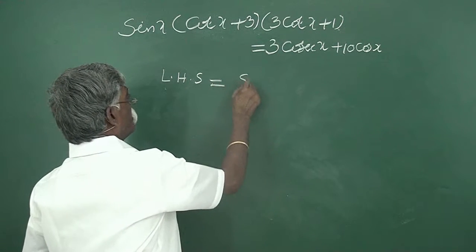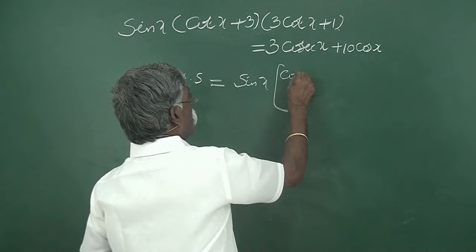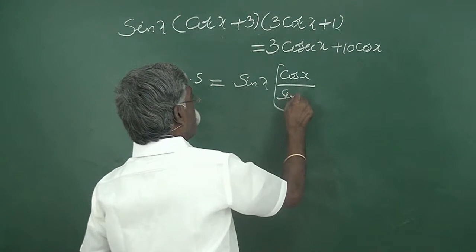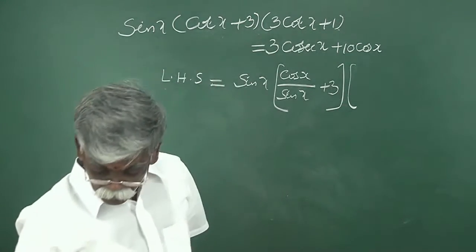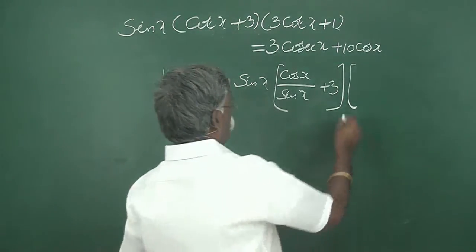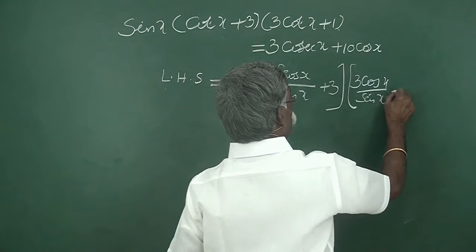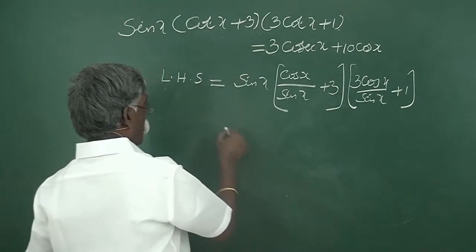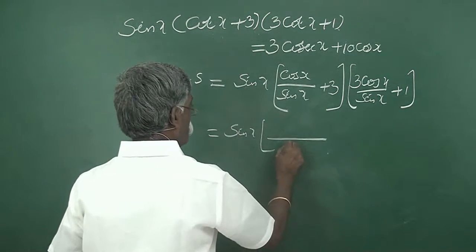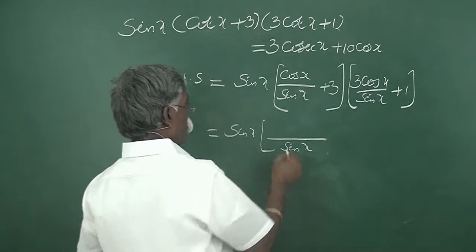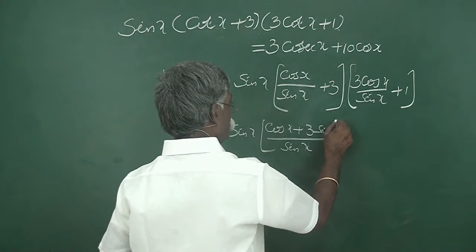Therefore this is equal to sin x into cot x, which can be written as cos x by sin x plus 3, and this is 3 into cos x by sin x plus 1. Now let us take the LCM. This is sin x, and here the LCM is sin x, and in the numerator it is cos x plus 3 sin x.